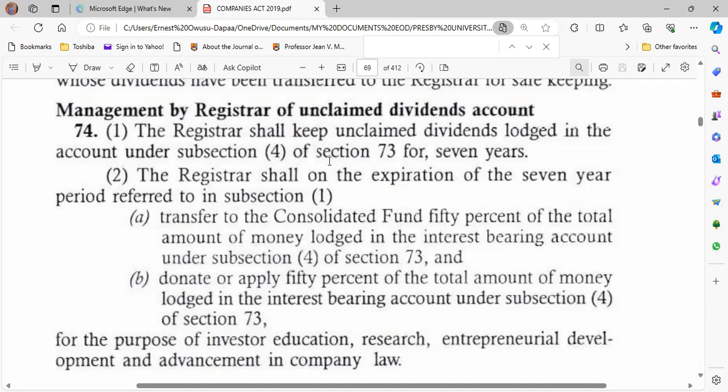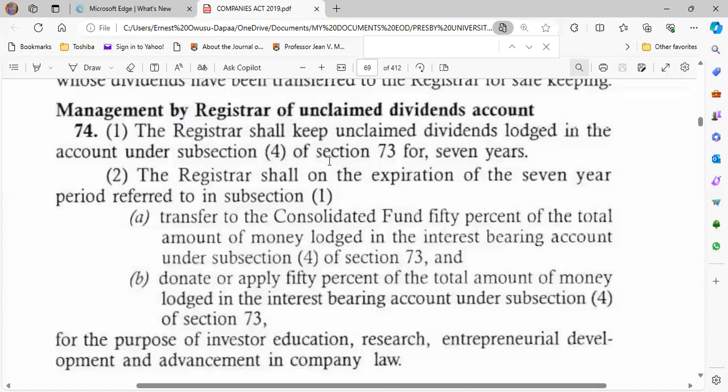So half of that money is supposed to be put into the consolidated fund, and then the other half is supposed to be used by the registrar of companies for the following purposes: investor education, for promoting research, entrepreneurial development, advancement in company law.